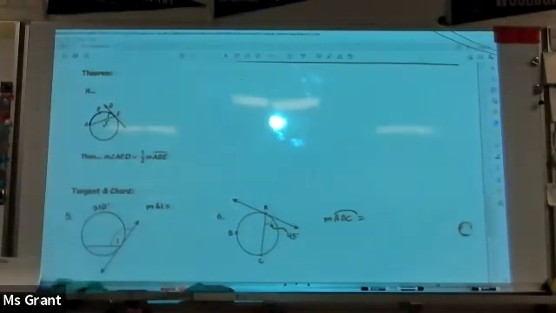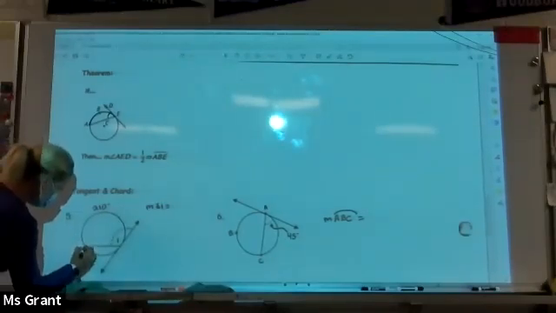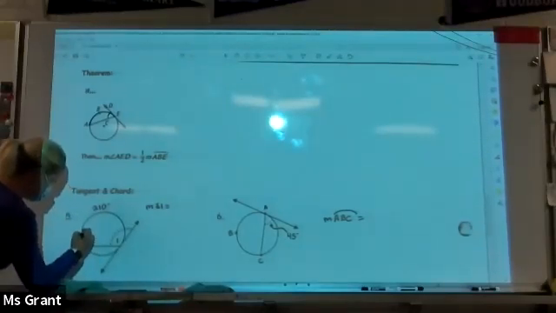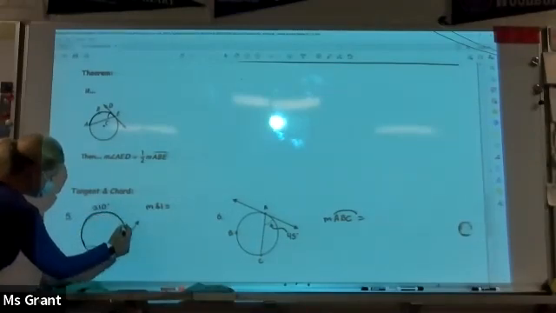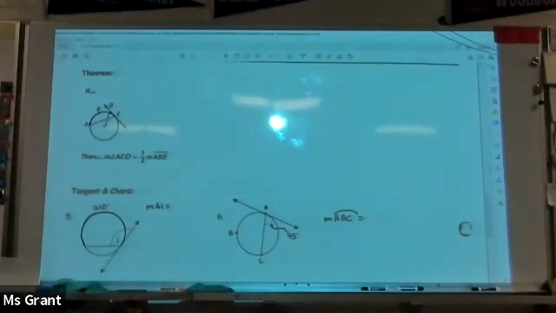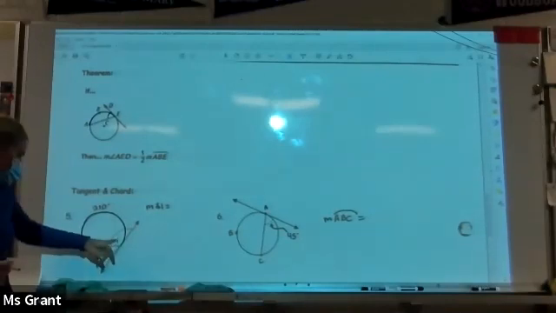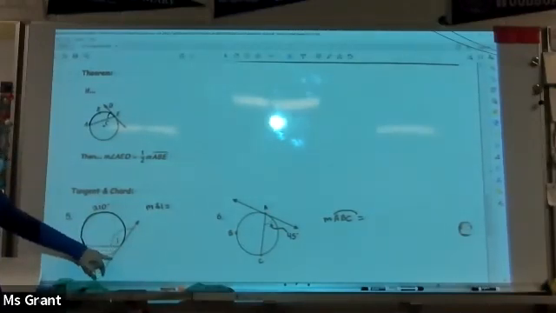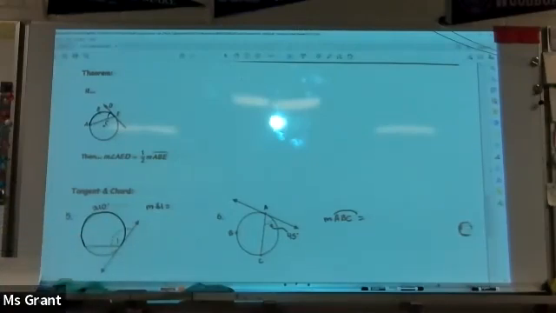Number 5. 210 degrees is the arc here. This arc. That arc is 210 degrees. And I then want to know this angle that's inscribed in the circle.